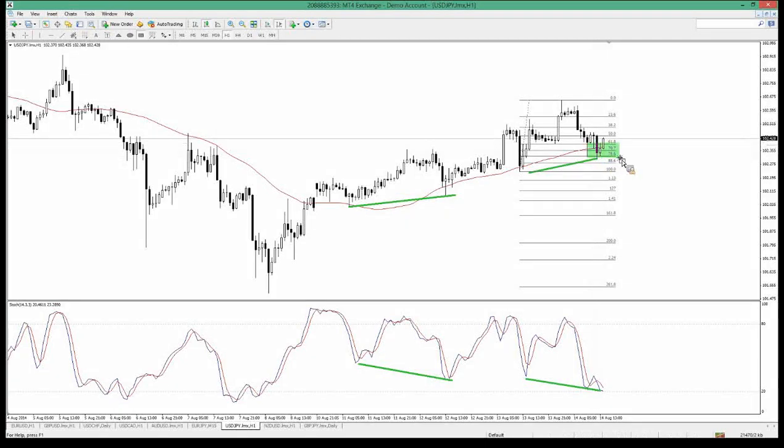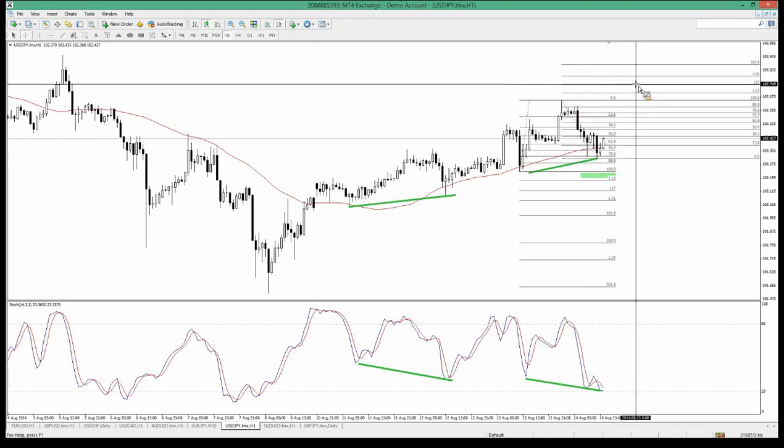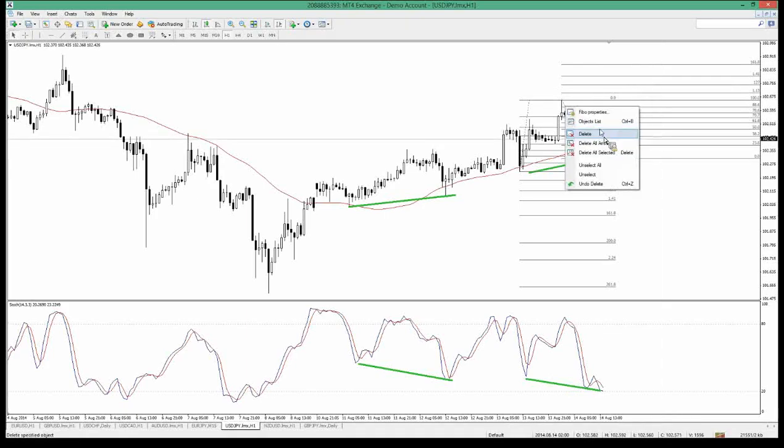So you look for a nice retracement, then you've got your stop below the low here, and then simply look for extensions. Like I show you guys with the harmonic stuff, 127 extension would be a good play, or even just take it off at the highs or something like that.